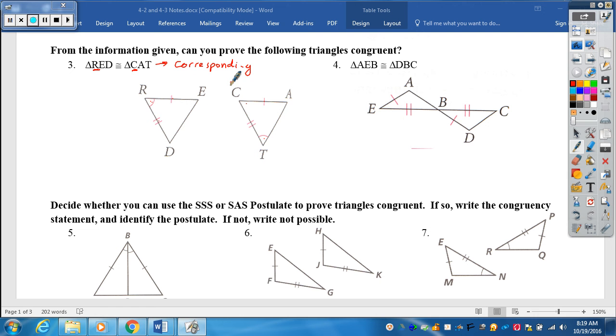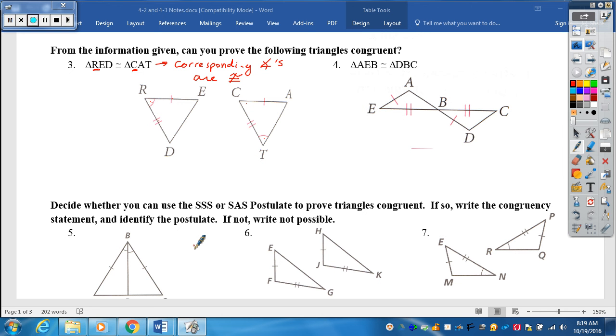I'll just use a congruent sign with a slash through it: not congruent, okay? They have to match up in a corresponding manner. Well, let's look at the next one.